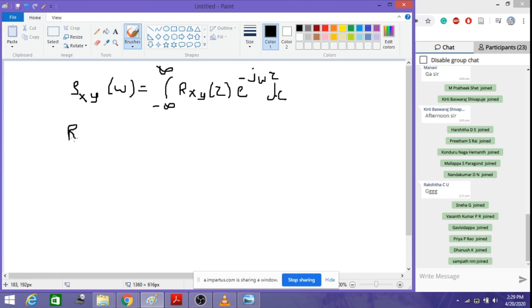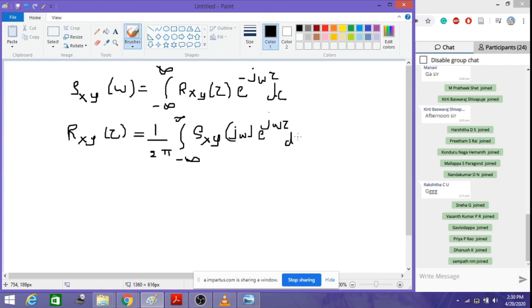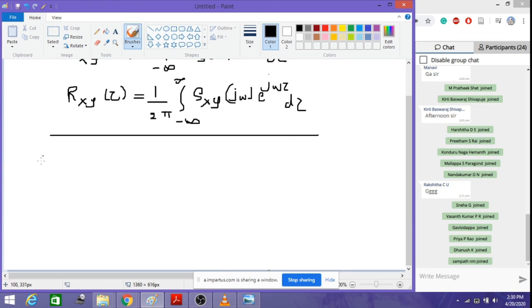So then Rxy of tau is equal to 1 by 2 pi into integral of minus infinity to plus infinity Sxy of j omega into e power j omega tau into d omega. Now the same way we can write for yx also.